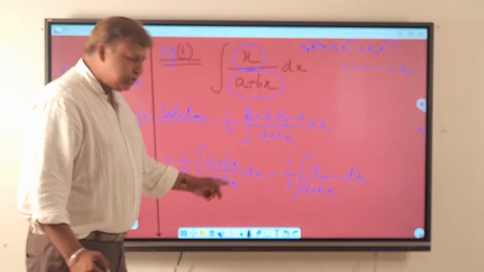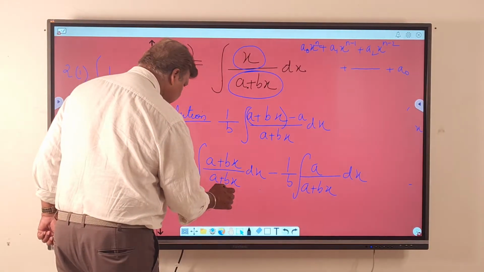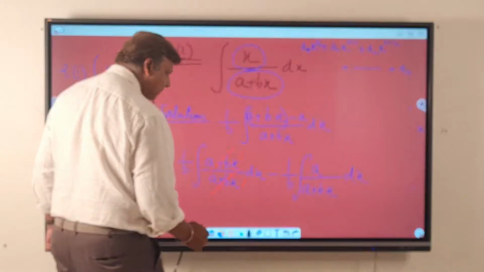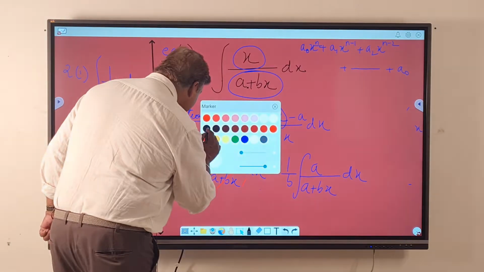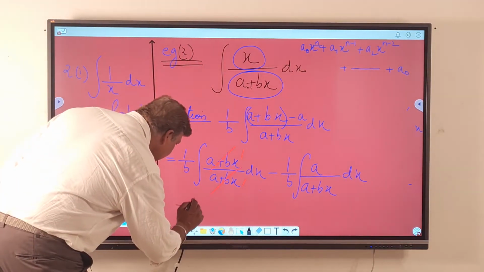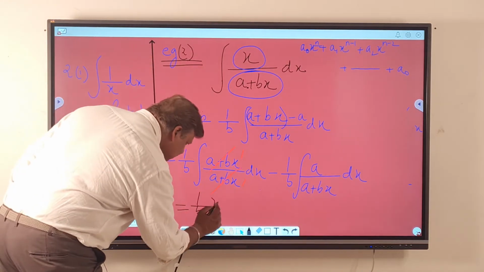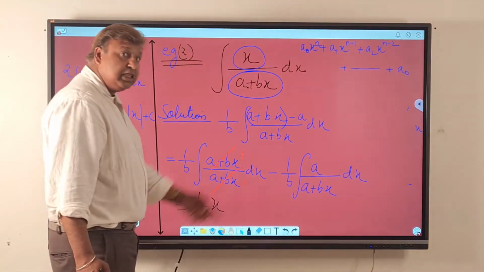So what would be the integration of this? This and this cancels, 1, 1. And what would be the integration? Integration would be 1 by b as such. One integration is x. And here it's linear in x in the denominator.